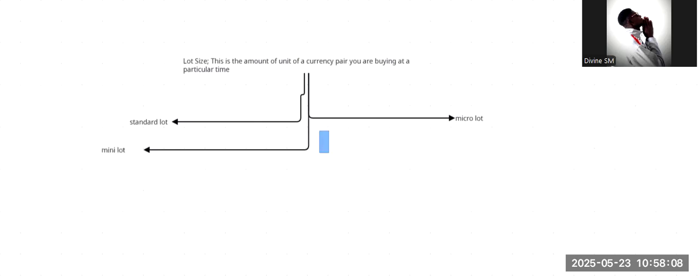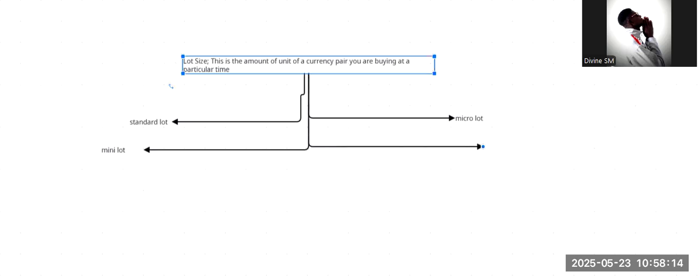But nano lots are not common in the forex market. You can only find them in synthetic indices, so just forget about nano lots, but let me put it down.